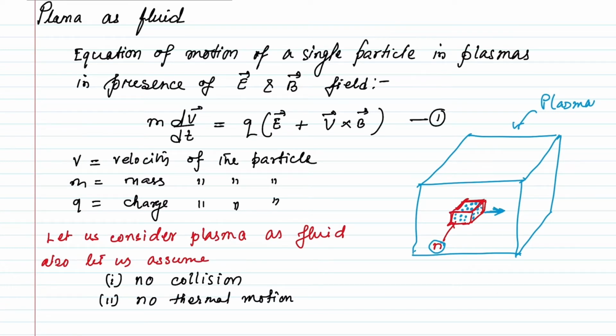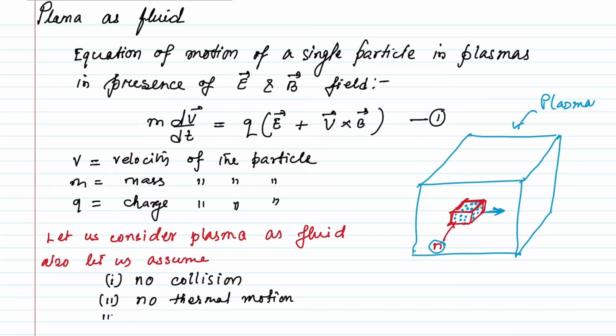What does thermal motion mean? Thermal motion means random motion of microparticles. These particles can move in this direction, that direction, that direction. This random motion of microparticles is nothing but thermal motion.